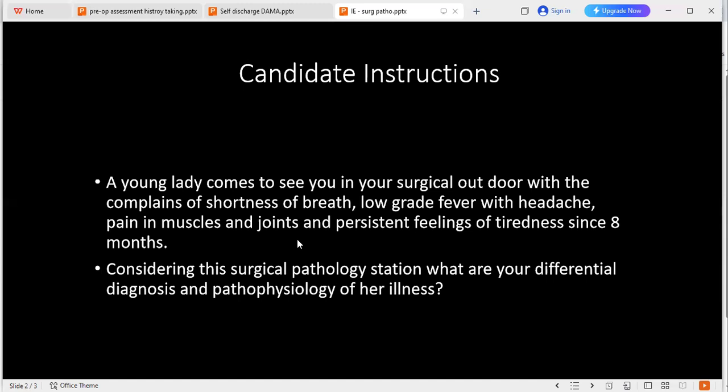When you have to consider a heart transplant, what would you be worried about immediately? We have to consider rejection.